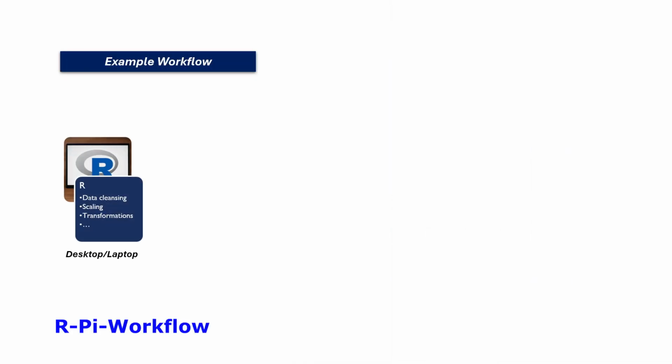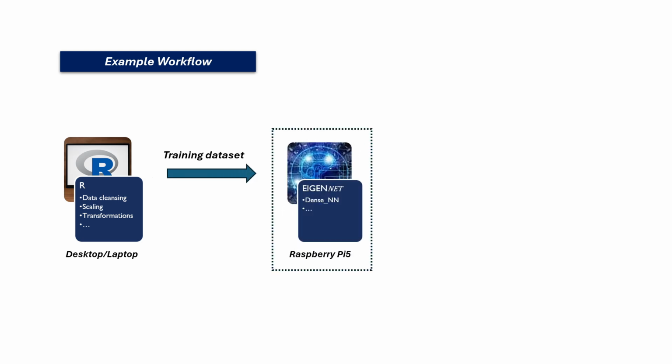I would like to start with a brief overview of the Raspberry Pi 5 workflow. In line with the IGNET concept, data preparation is carried out on the desktop or similar device and the data are transferred to the Raspberry Pi 5 in this example. The C++ program dense_NN is installed on this system.